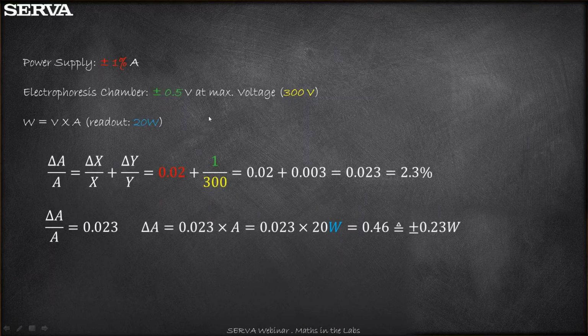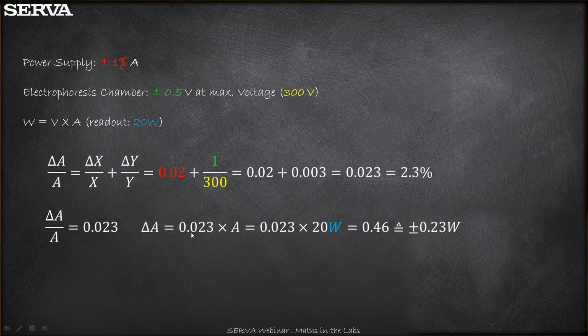With the volts the same, you have plus minus 0.5 volts, so the range would be 1 volt you have here, and you divide it by the max voltage. You calculate this and you get a delta A divided by A of 0.023. So what do you do if you do your electrophoresis now and you read 20 watts on your power supply? Then delta A divided by A, you would enter 20 for the value and multiply it, and you would get this one.